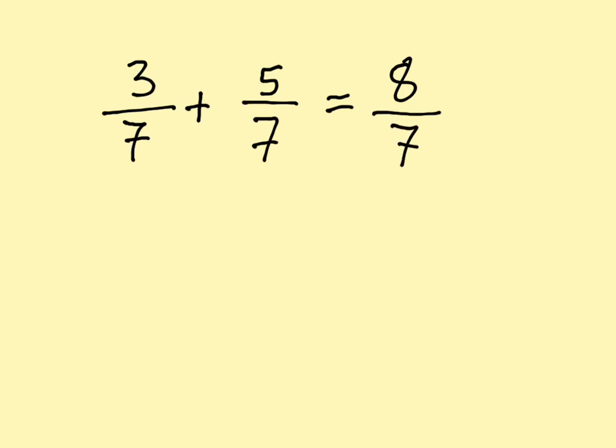Now, this is a perfectly acceptable answer, 8/7, because it cannot be reduced. Sometimes you might want it as a mixed number, but when we start doing algebra, we actually want it as an improper fraction. We always want to reduce it, but we don't want to put it as a mixed number. So 8/7 is totally fine.